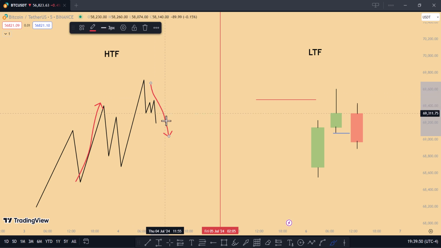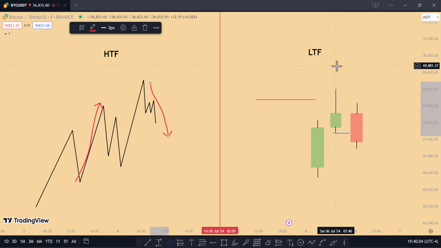Let's say, for example, we are pulling back on the higher time frame, all right? Say the 15-minute, we are trading lower, but only as a pullback, not an expansion or something like that. And on the lower time frame, I like to see this pattern right here. I like to see price sweep a certain high right here, and then the CSS confirmation, right?